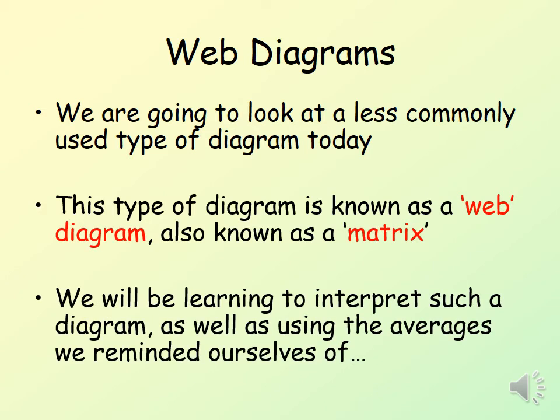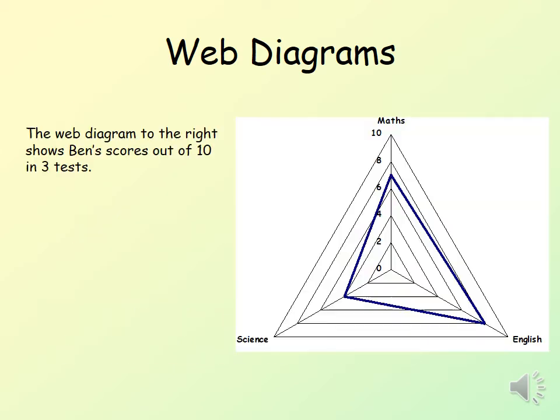Okay, we will be learning to interpret such diagrams, and because it uses averages. Okay, so here we have a web diagram that shows Ben's scores out of 10 in 3 tests. So this is a nice simple diagram.